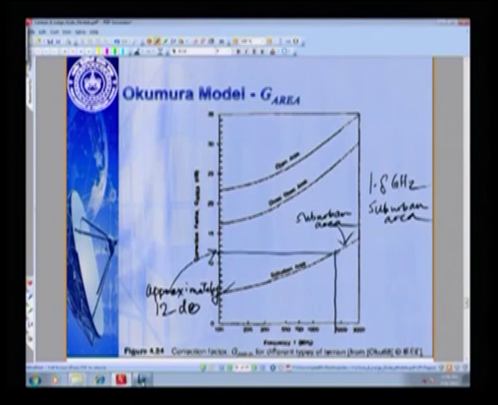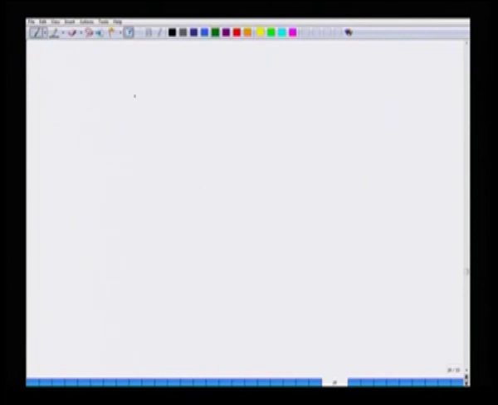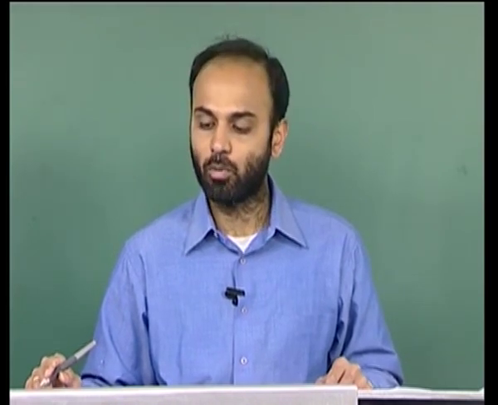So, what we can say is, for a suburban area at 1.8 gigahertz, the G area factor is 12 dB, that is, there is a gain of 12 dB, which means 12 dB subtracts from the path loss for this suburban factor at 1.8 gigahertz.